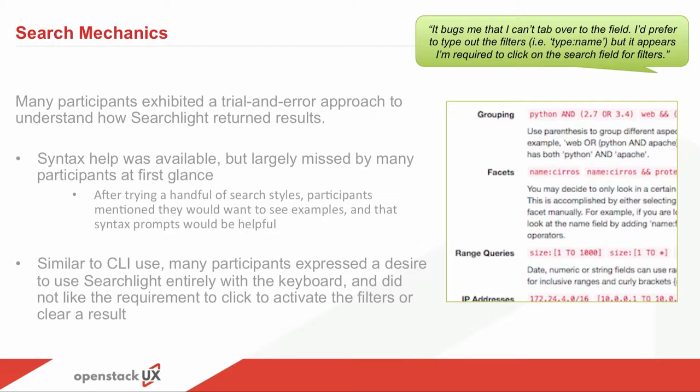Typically a participant would do maybe 2 or 3 searches, and then often they mentioned looking for some help, maybe some examples of searches or certain syntax to be used. That was available to them on the screen, but wasn't really noticeable when they were first looking for it.